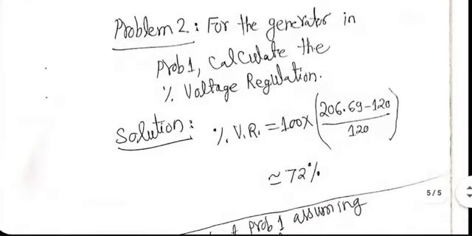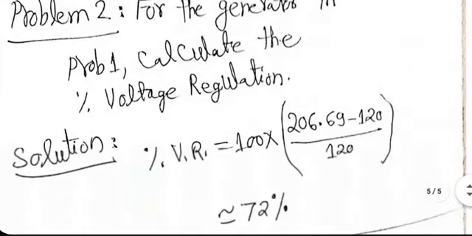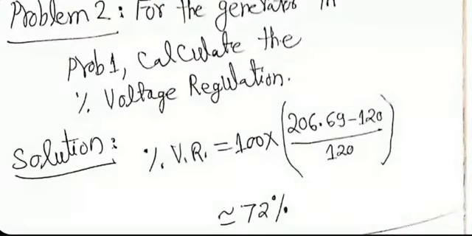So the voltage regulation is right here. It's bad, really bad. 72%. Nobody will accept it. We have a lot of variation in output voltage from no load to full load. Something has to be done to improve the situation for sure. But anyway, we got what we got.